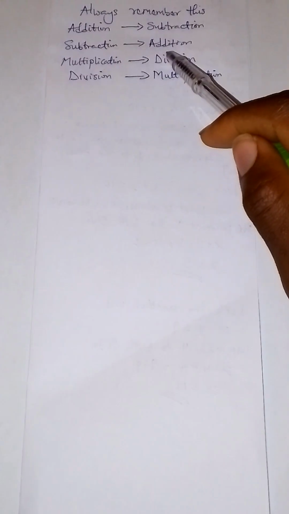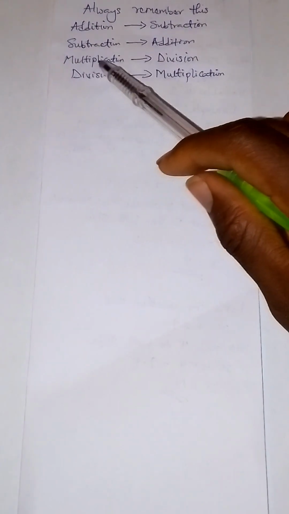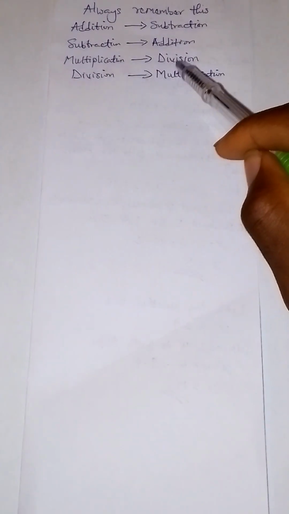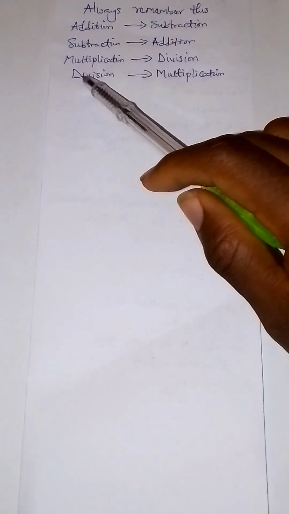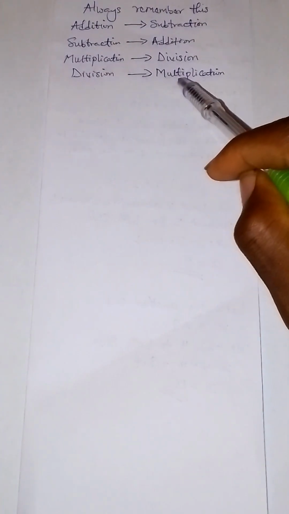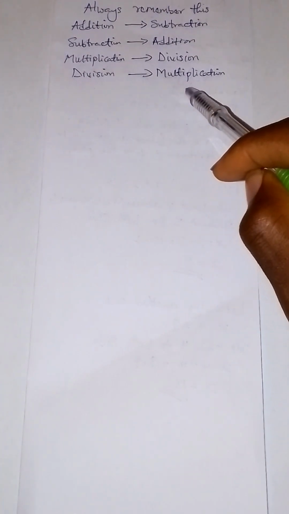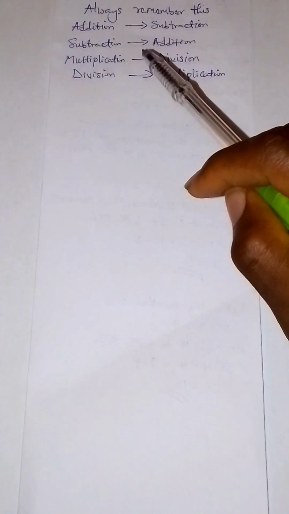Where there is subtraction, you introduce addition. Where there is multiplication, you introduce division. Where there is division, you introduce multiplication. Are we together now?